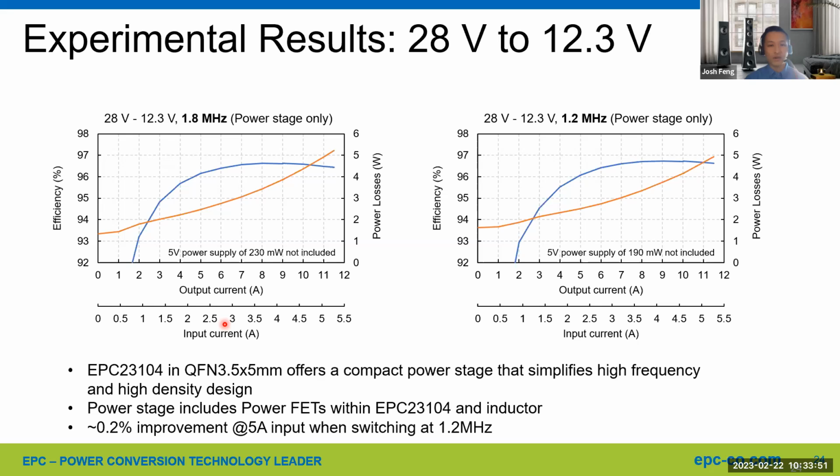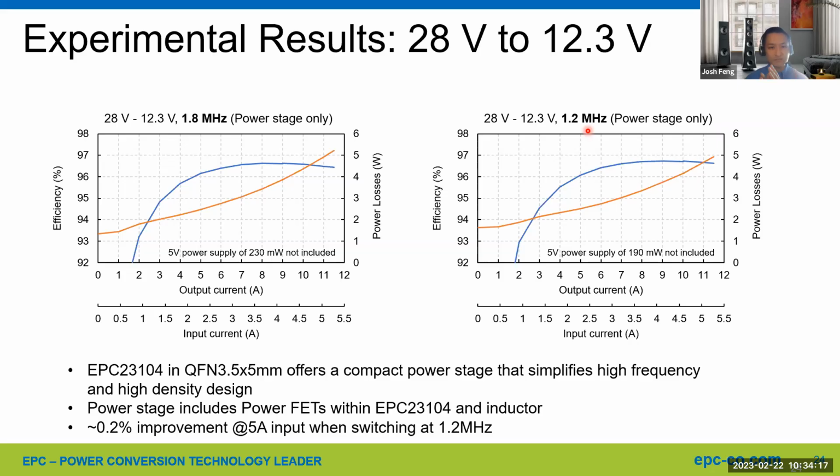That is a good 5 watts or less of power loss. And if you plan to further improve the efficiency, you can reduce the switching frequency a little bit. In this case, we tried 1.2 megahertz as well. If you go down to 1 megahertz, you can further improve efficiency by 0.2% to 0.4%.